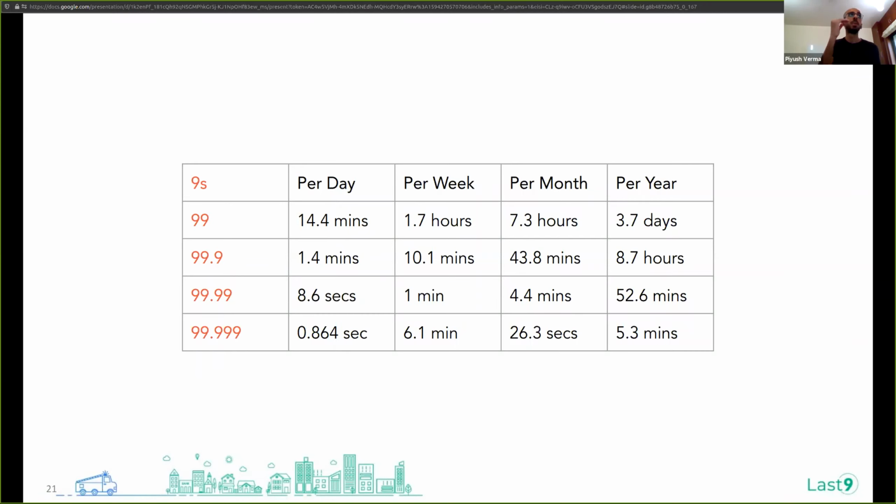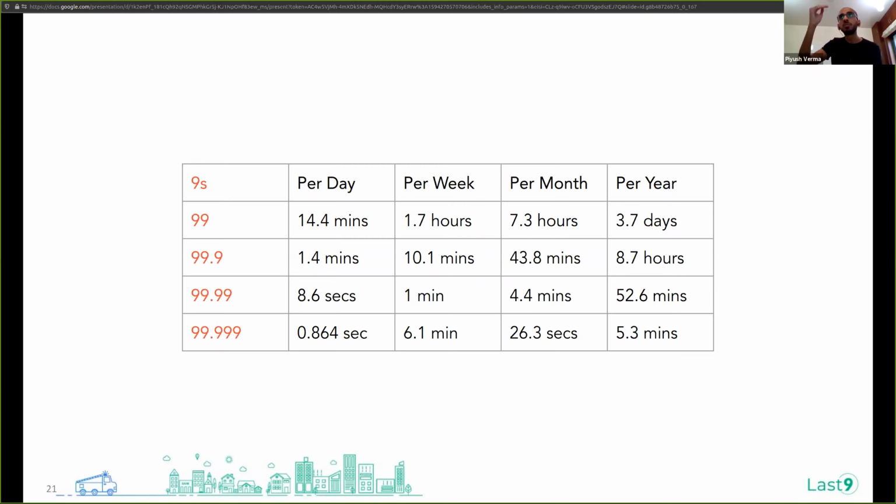Think about it. By 99.99, there's no way a manual human could be doing all of this. In 8.6 seconds, get an alert, react to it, diagnose the problem, find the problem, fix the problem, and bring the site back. Not happening. To be honest, it's not even happening at 99. It was happening way earlier.